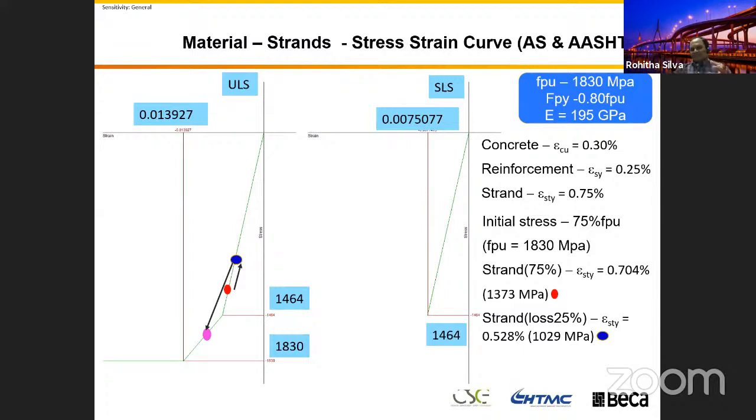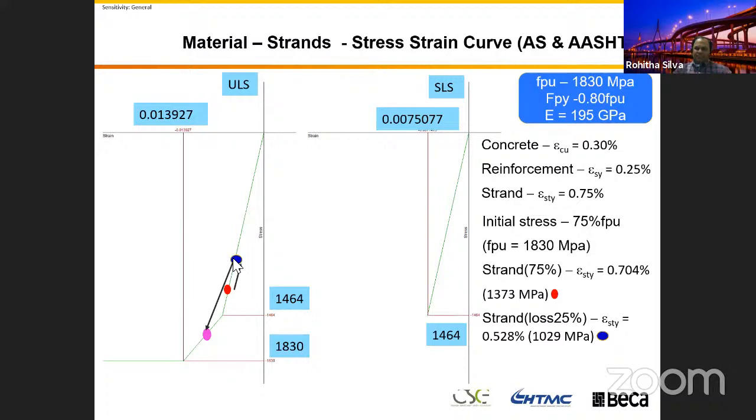Then in service, when you load the bridge, because the bridge life is 100 years, this creep, shrinkage, all these losses will happen within a couple of years in the bridge. You are in this blue point. Then you can see your bridge with the concrete can get a 0.35% ductility range.